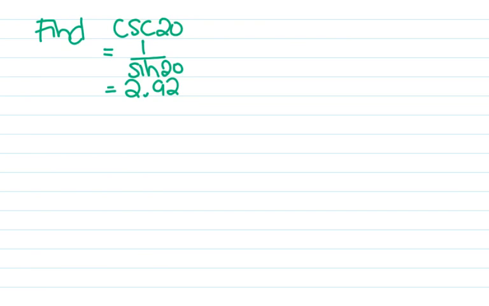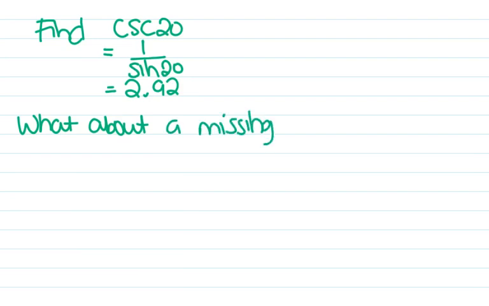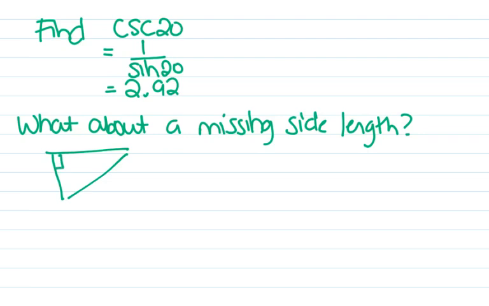Okay, and then what about if you need to calculate a missing side length? So if I have a triangle, that's a right angle, and this is 5, they tell me this angle is 39 degrees, and they say find h.